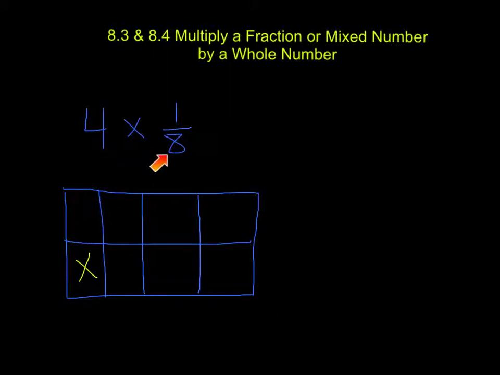So there's 1/8. Now I want 4 times 1/8. So I'm going to mark 4 total. 1, 2, 3, 4. Now as you can see, I have all 4 of them marked. So my answer for 4 times 1/8 is going to be 4/8, which by looking at our model here, we can also see that that is actually 1/2 of our model.